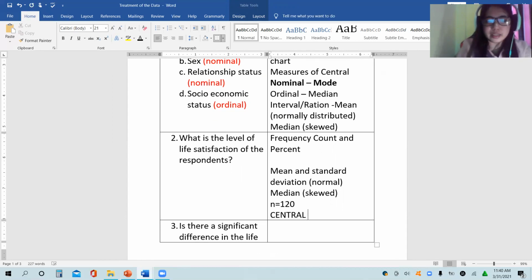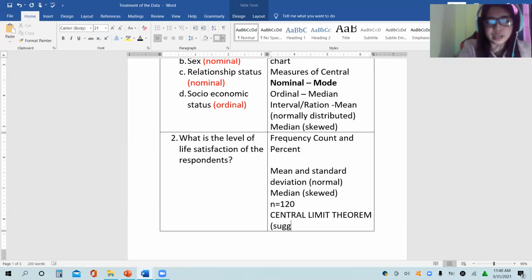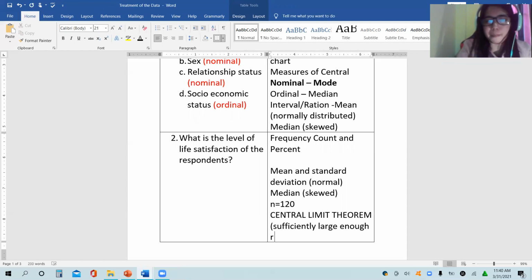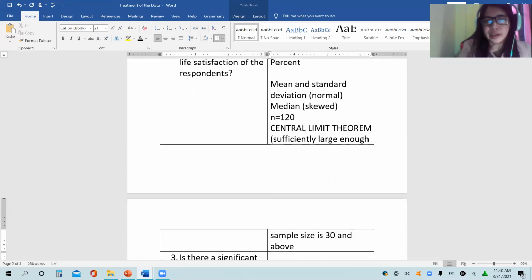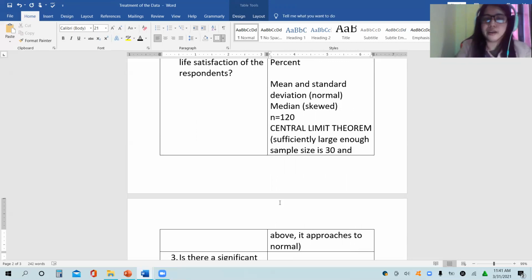So by central limit theorem, a sufficiently large enough number or sample size is 30 and above, and it also means that it approaches normal.